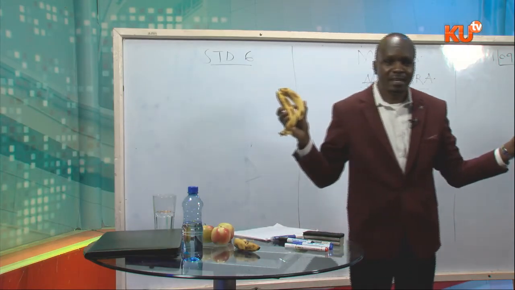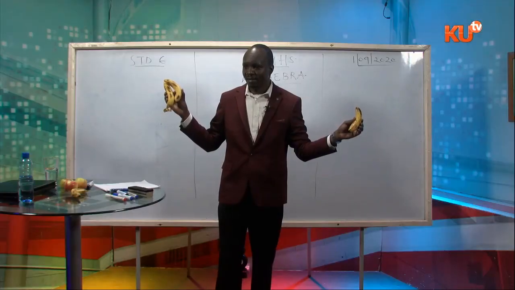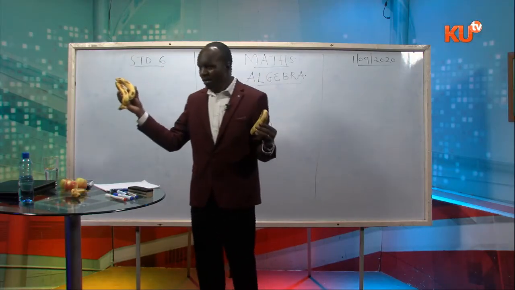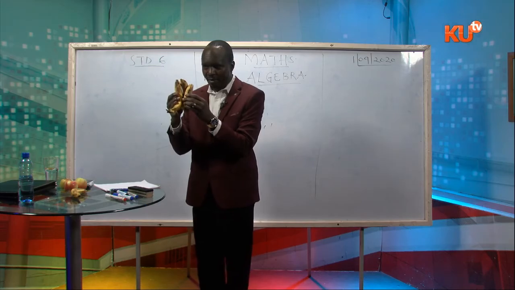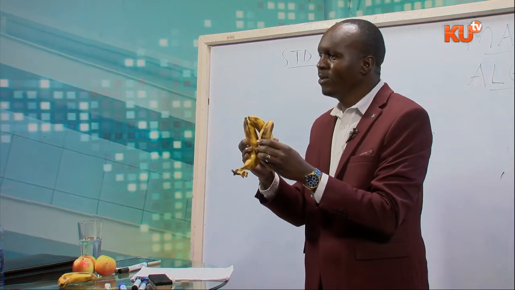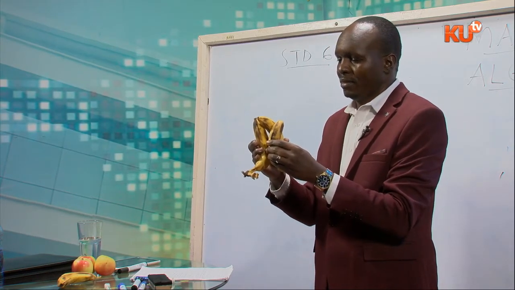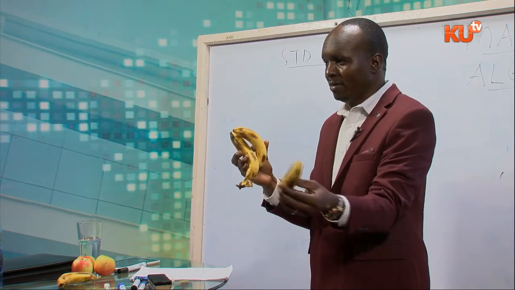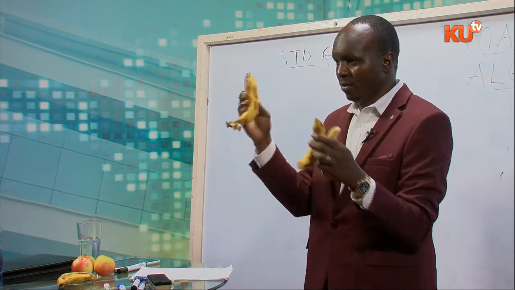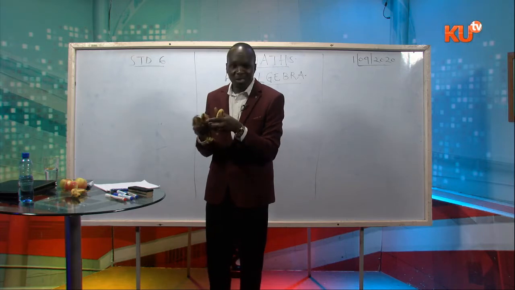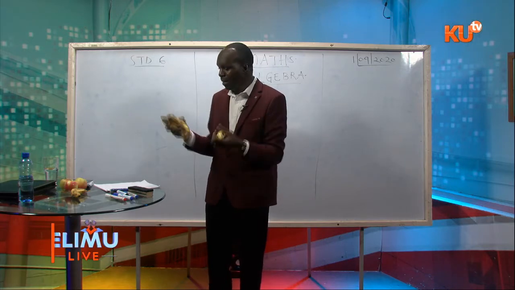On my left hand side, I have 1 banana. So when I put them together, how many bananas do I have altogether? We can count them: 1, 2, 3 bananas. So in total, I have 3 bananas.